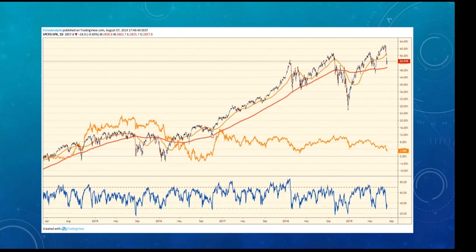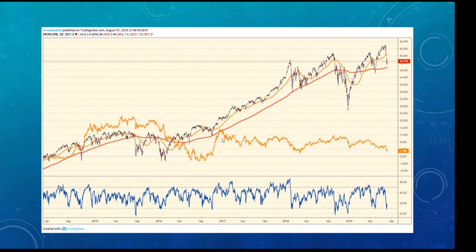The candlestick chart, well, it's not really candlesticks when you compress them this tight, is the S&P. So you can see the S&P has been rallying, and the dollar yen is overlaid over the top of it. But what do you notice that's happened since 2017?